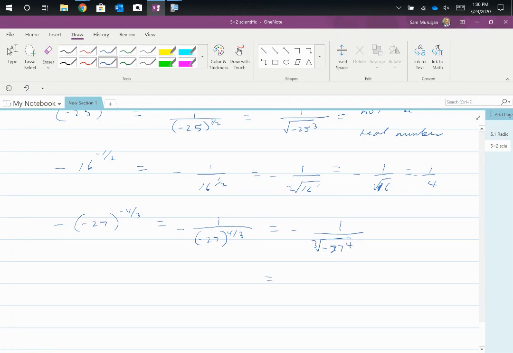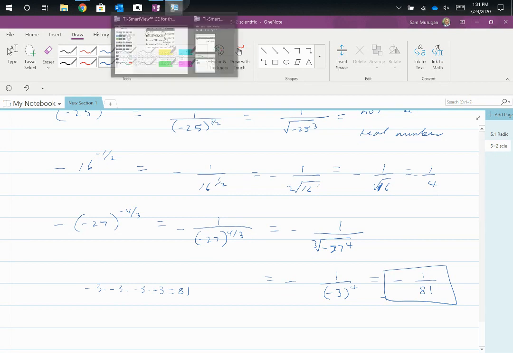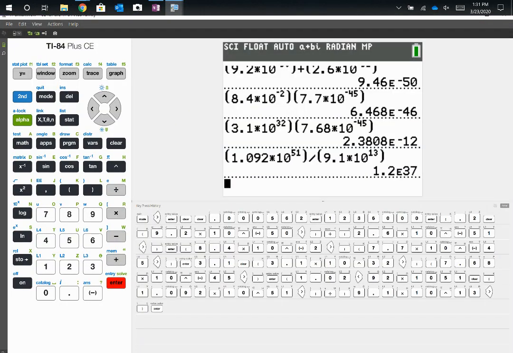So this is negative 1 over, the third root of negative 27 is negative 3, to the power 4, which is negative 3 times negative 3 times negative 3 times negative 3, which is positive 81. So this is 81 on the denominator. Please note that any of these problems can be done with your calculator.